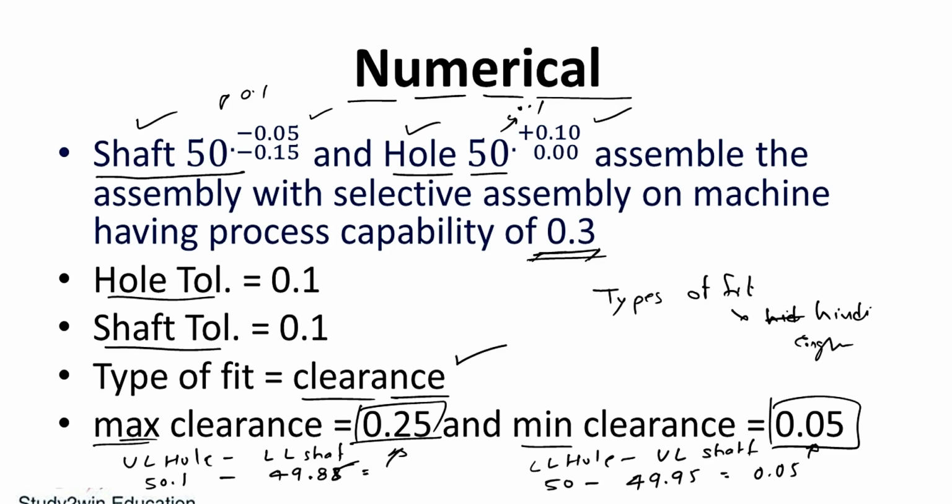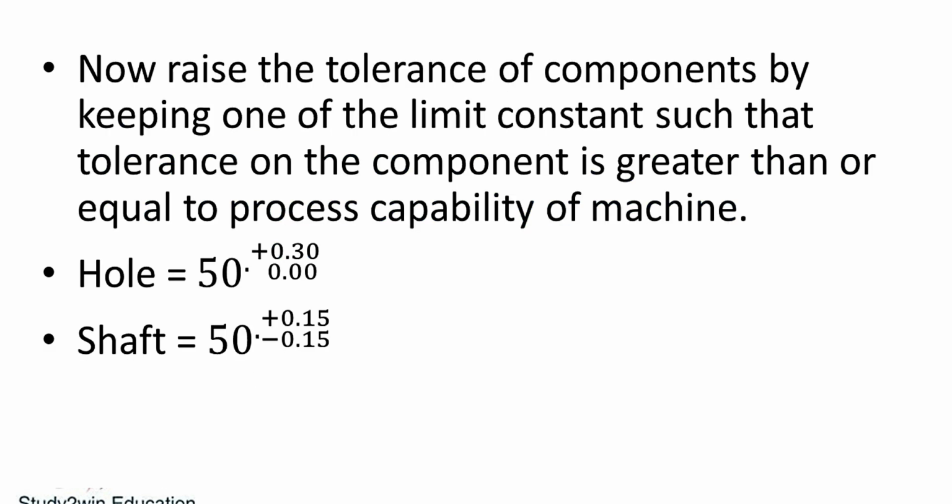Selective assembly is used to produce precise assemblies on less precise machines. How to do it? We had a tolerance on the shaft of 50, minus 0.15 to minus 0.05, and for the hole the tolerance was 50, 0 to plus 0.1.